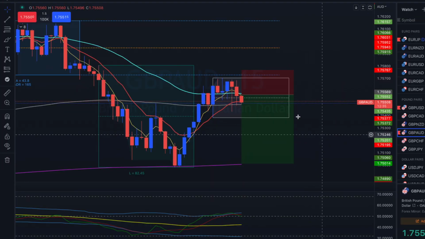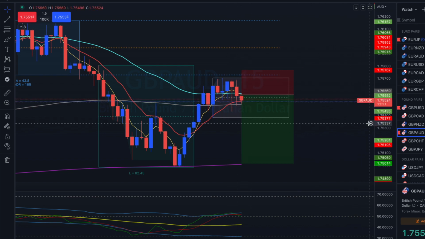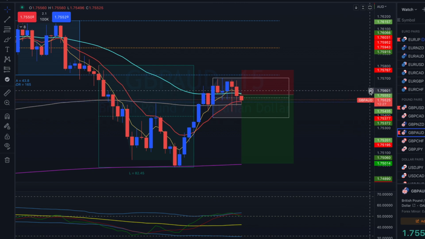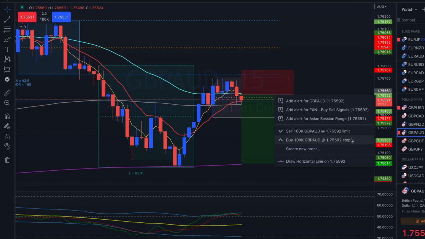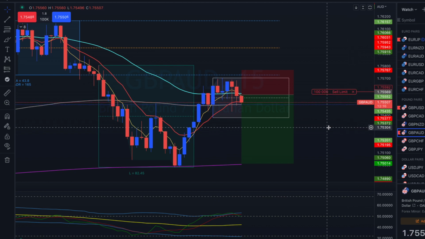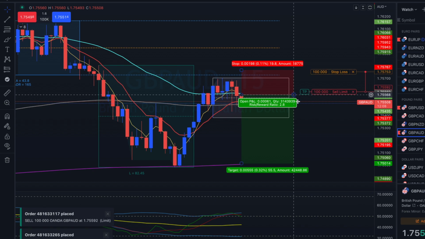Alright guys, so here we have Pound AUD on this candle, and I believe if I'm going to enter this trade, I want to enter up here, and I want to sell it on a limit order. That's where I feel comfortable taking a position on this trade.